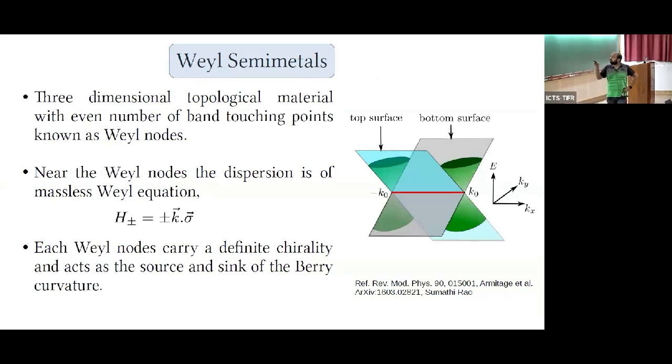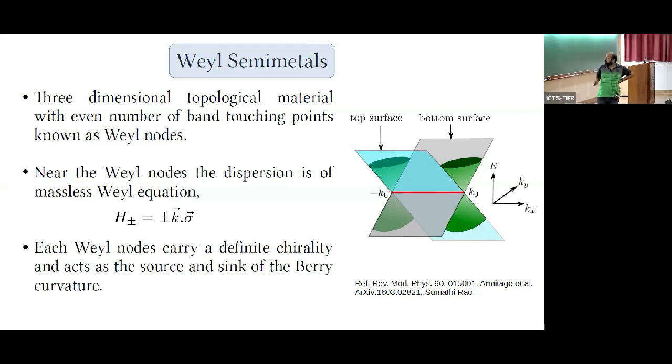Now I can go into the particular material that I have been studying over time. It is called the Weyl semimetal. It is a semimetal because the bulk gap does not extend throughout. There are some points where the valence band and the conduction band touch each other, and these touching points are called Weyl nodes.